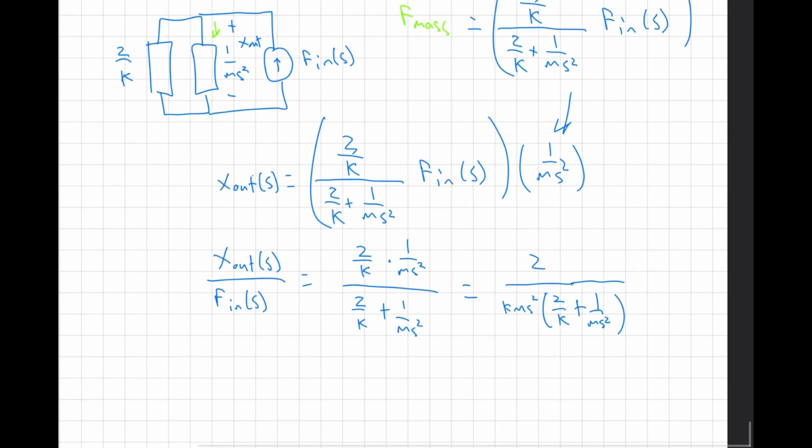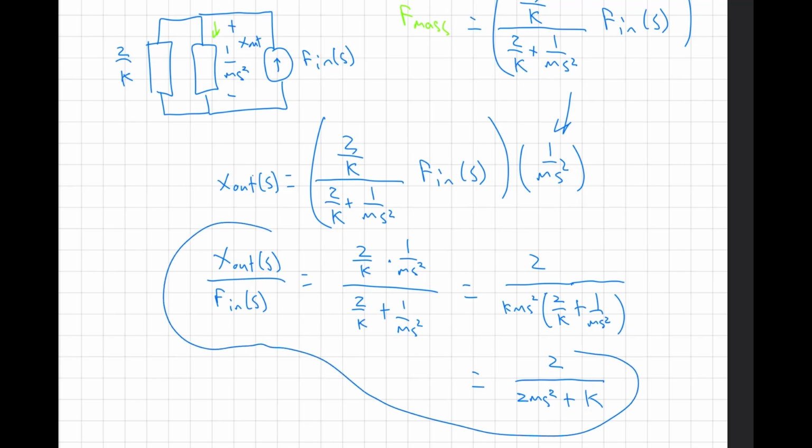Multiplying that through, we get 2 over 2ms squared plus k. And that's equal to our transfer function. So our final answer is 2 over 2ms squared plus k. Cool.